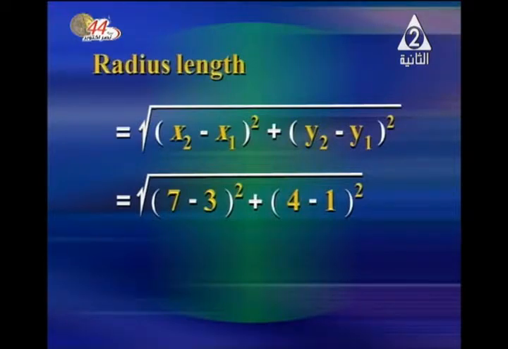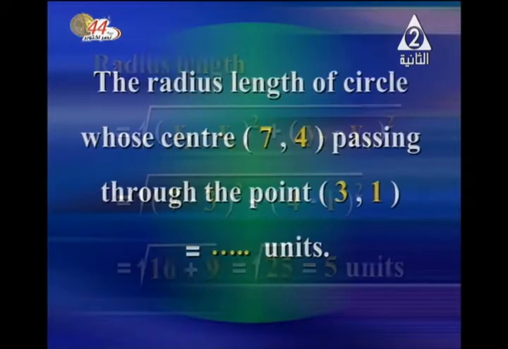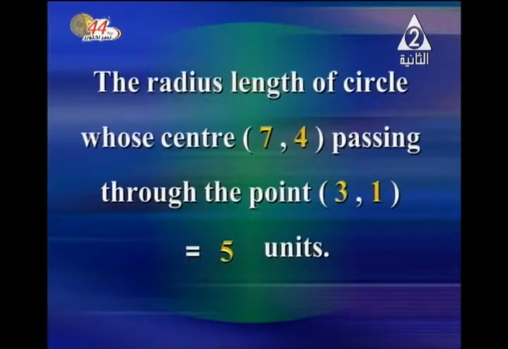It's 4, to the power of 2 is 16. So it is square root of 16 plus (4 minus 1) which is 3, power 2 equals 9. So it is root 16 plus 9, which leads us to square root 25. And this means that the radius length will be 5 units. So the radius will be 5 units.